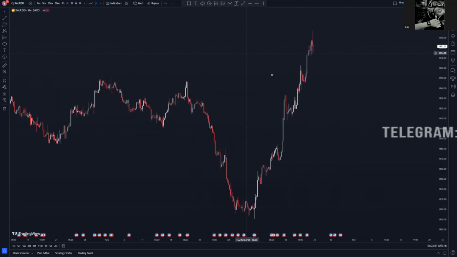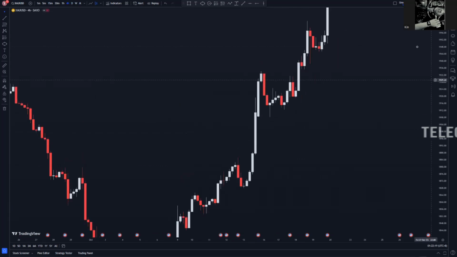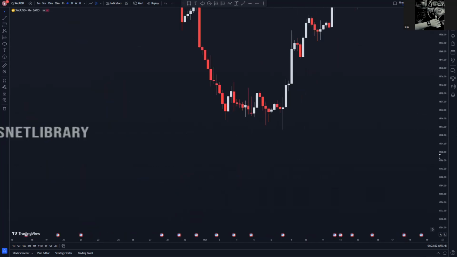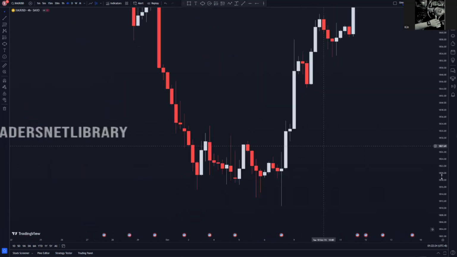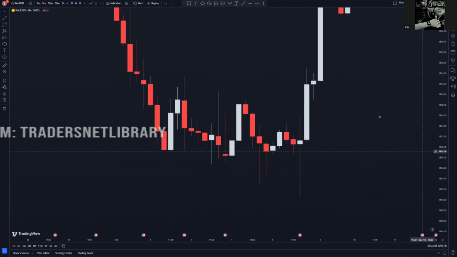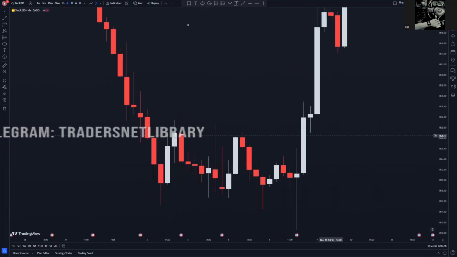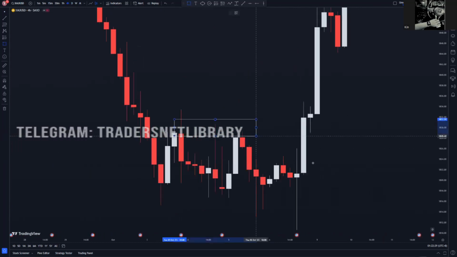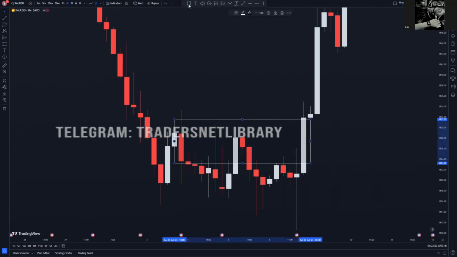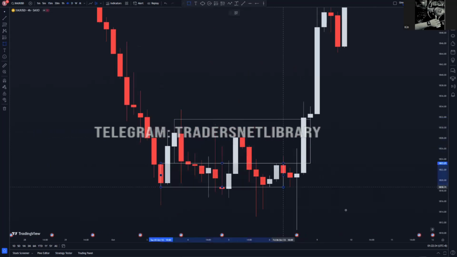So look over here. Look at these buy and sell zones. We have this sell zone, and we have this buy zone.